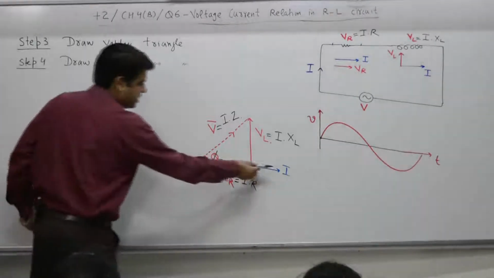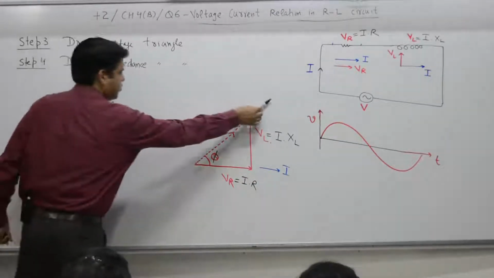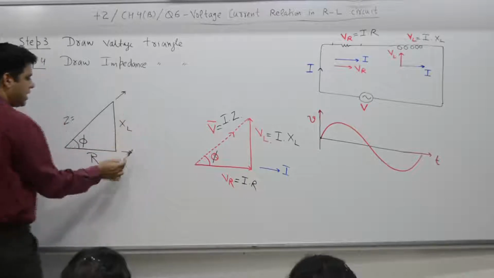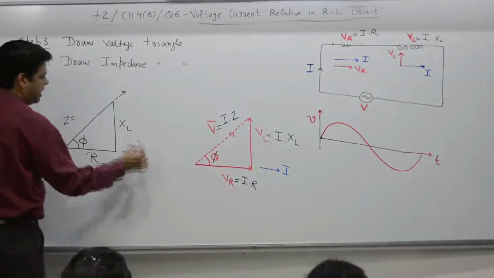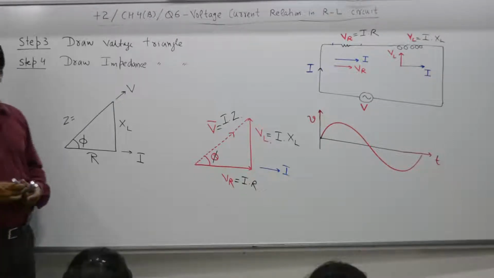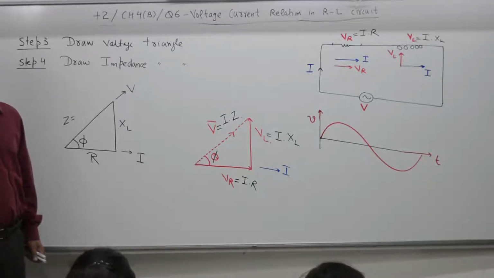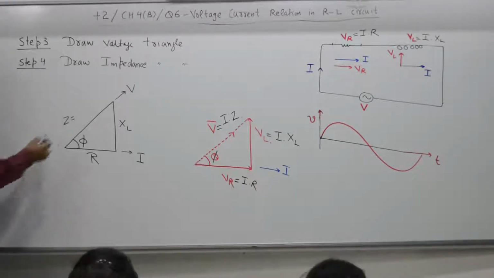Again, this was current. This was voltage. Current I lags voltage by phi. Why? It is a combination of resistance and inductance. Z will come out to be what?